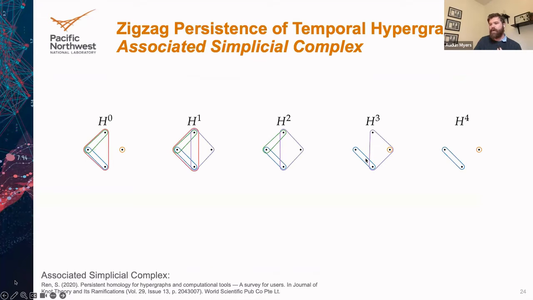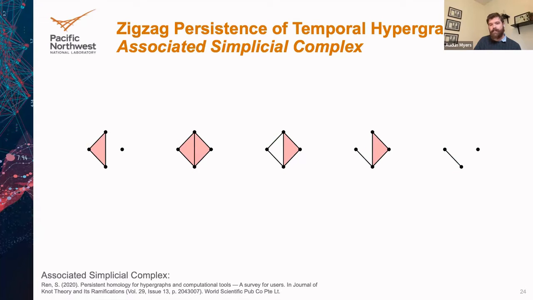Then I can get the associated simplicial complex from each, where a hyperedge connecting, say, 3 vertices just becomes a face, or a 2-simplex. I'll go back and forth a couple times, but you can see how simple it is to go from the hypergraph to the associated simplicial complex.